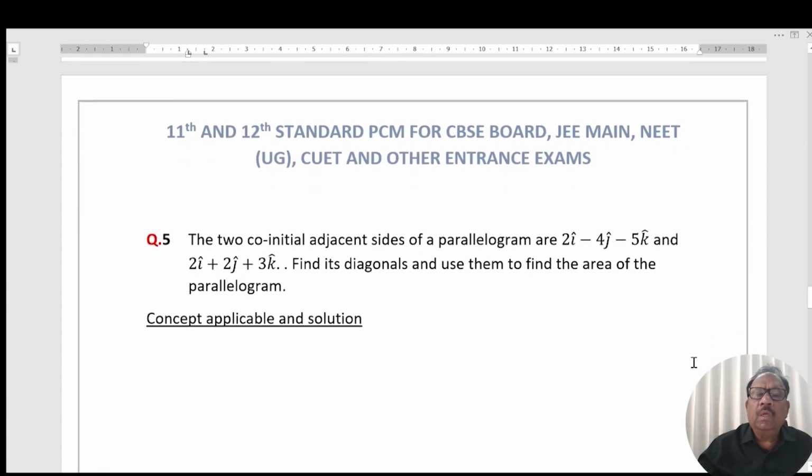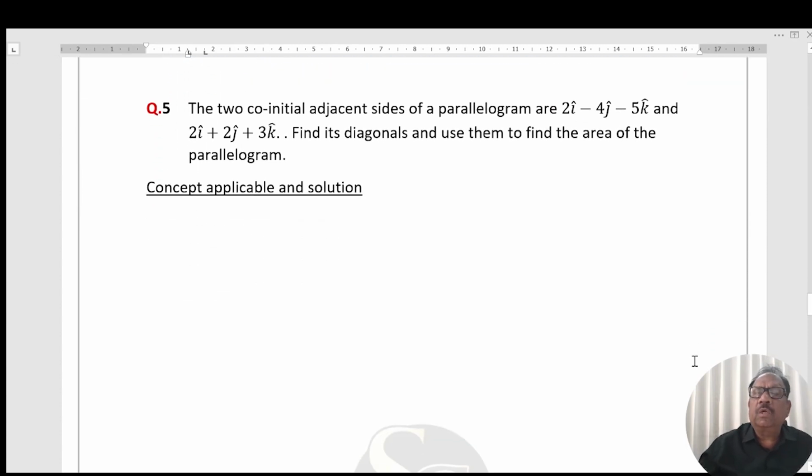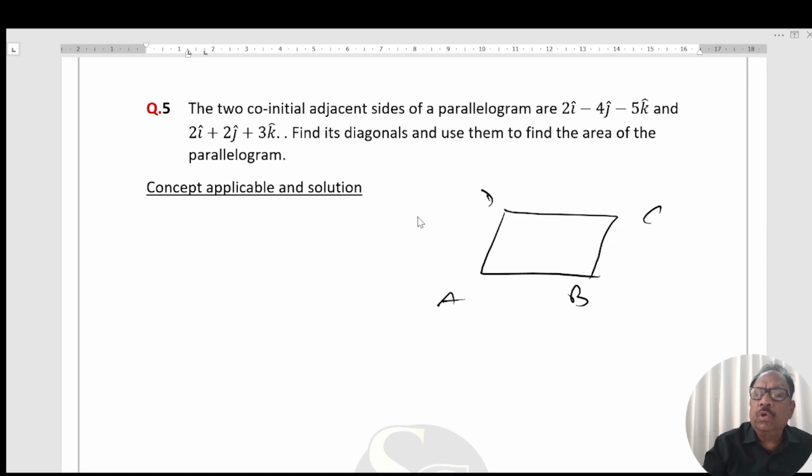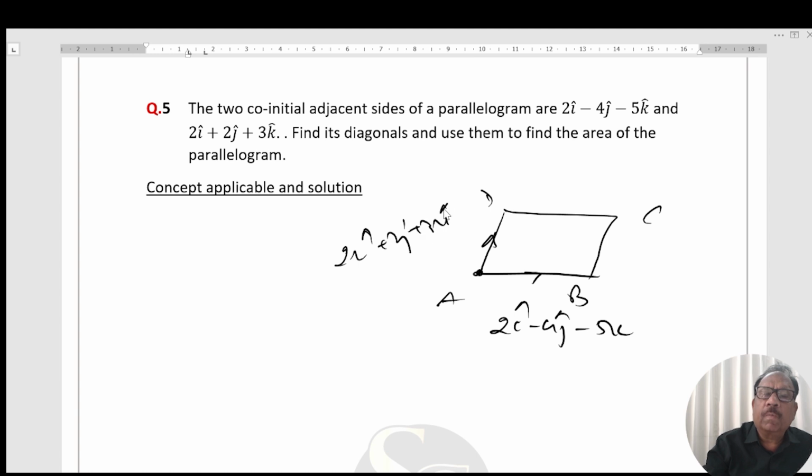If two co-initial adjacent sides of parallelogram ABCD, co-initial, meaning the same point, are A vector 2i minus 4j minus 5k and B vector 2i plus 2j plus 3k.